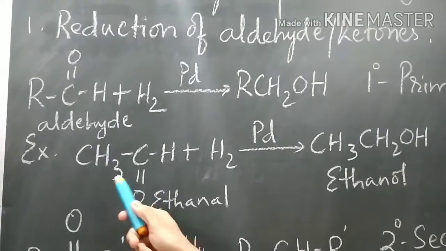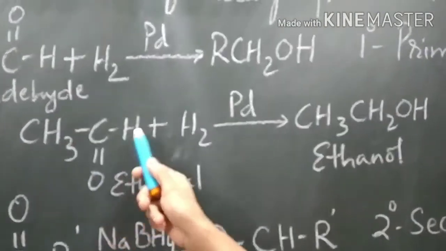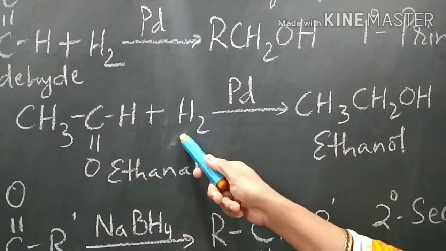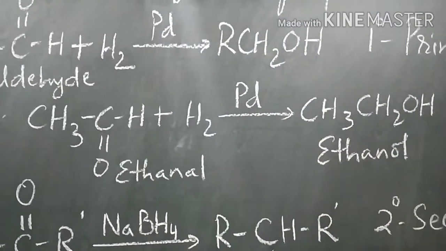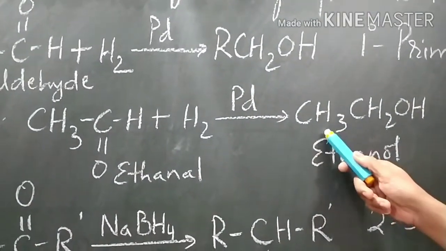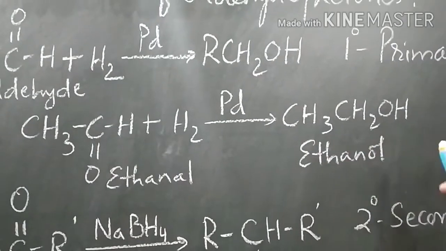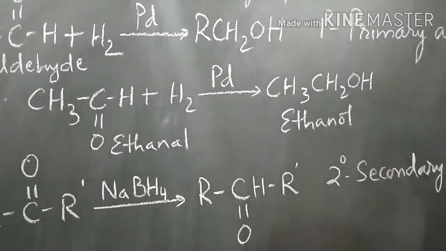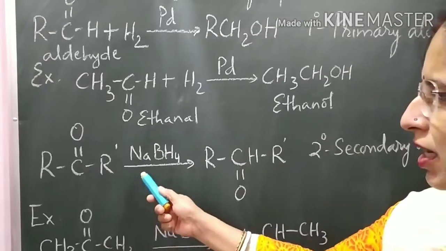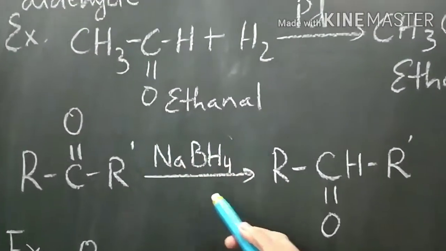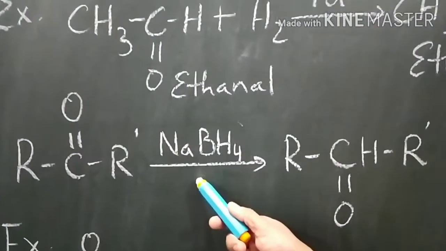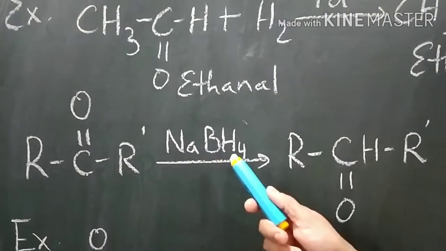When ethanal, CH3CHO, is reduced with hydrogen in the presence of palladium, there is formation of ethanol, which is a primary alcohol.